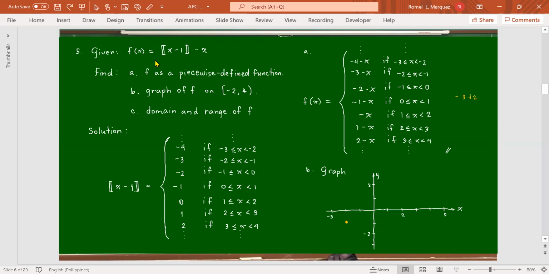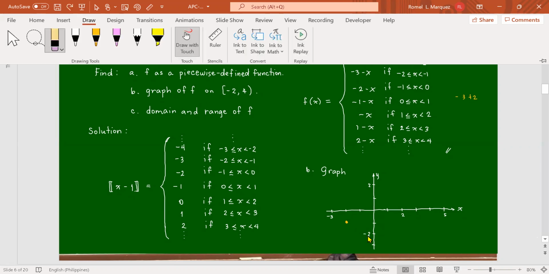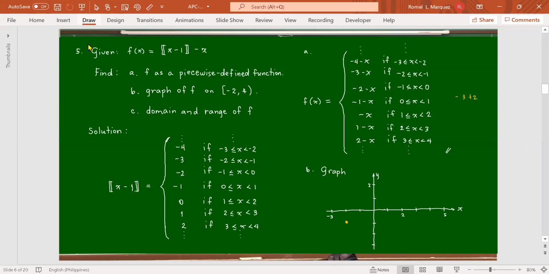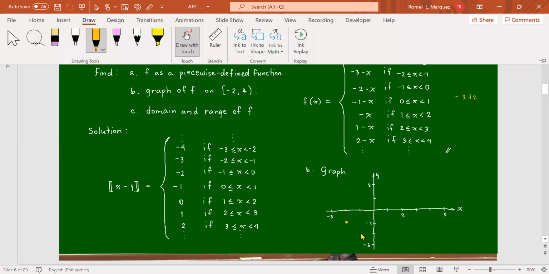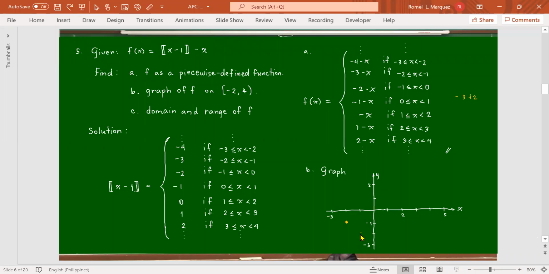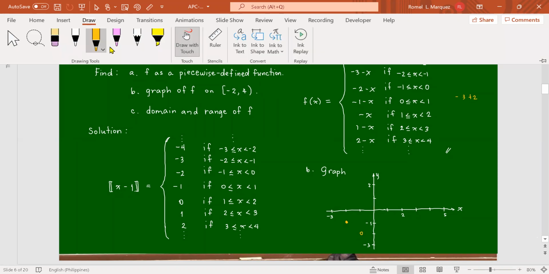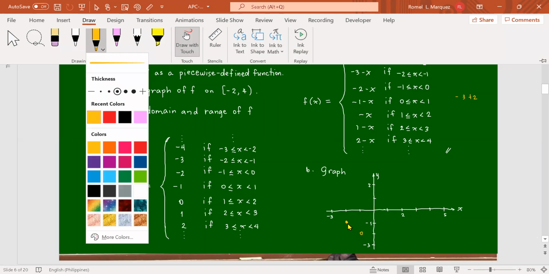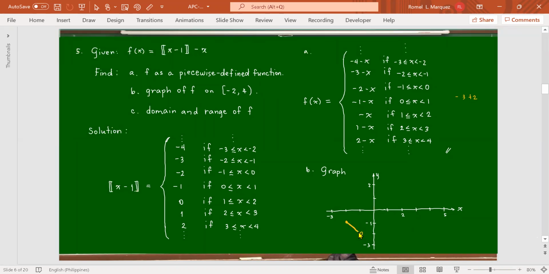Guys? Yes po. Let me put this number here so that it will not disturb our graph. This is negative 3. This is negative 1. So the graph is somewhere here. Open here. Okay? And then it is a horizontal, slant line, no? What about if x is between negative 1 and 0?